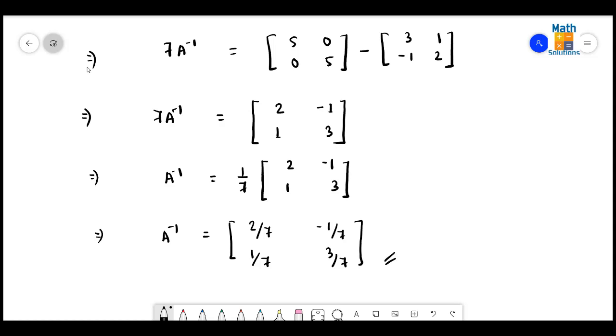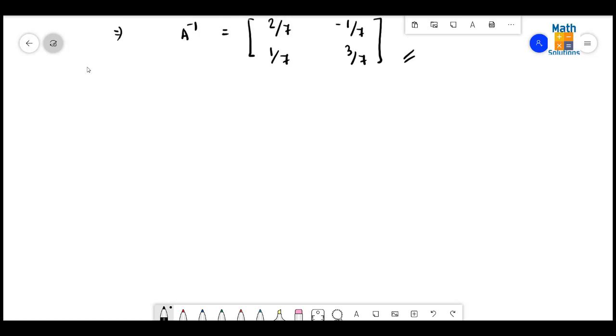After that, the next important question of this exercise is question number 14. Let us see what the question given here is.